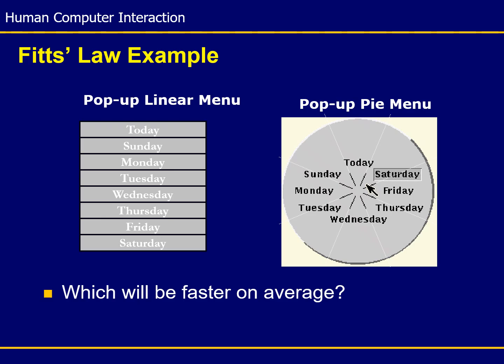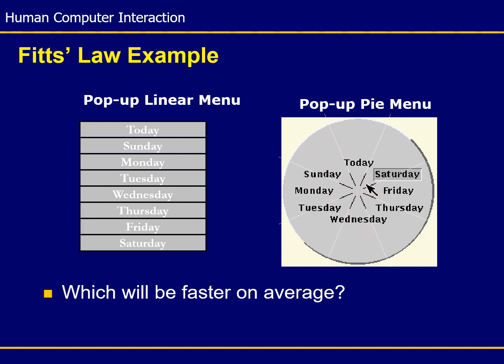The distance it takes to go to each one of the menu items, which I've replaced with just the day names, is different. The easiest one to acquire is today, but Saturday will require the longest amount of time, because you will have to travel all the way down to Saturday.